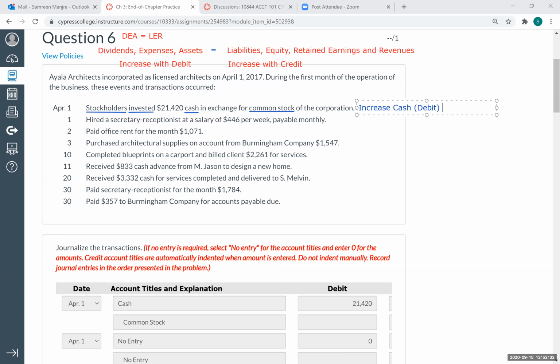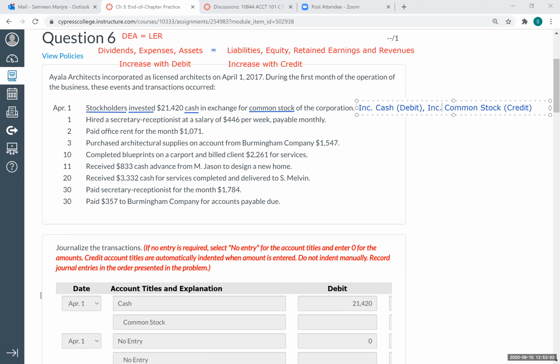And that is corresponded with an increase in common stock, which is an equity account, and that will be a credit. And I'll be abbreviating increase with INC, so that way we have enough room to include all of our transactions.